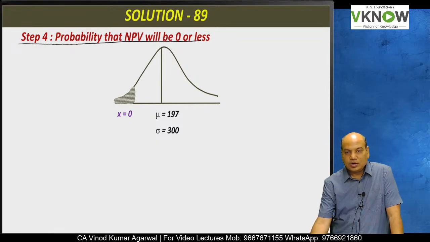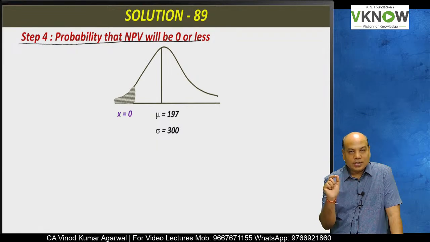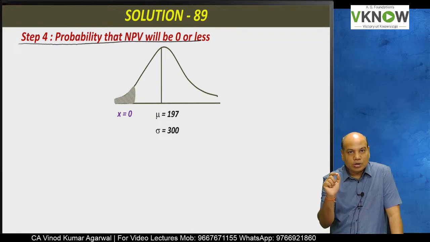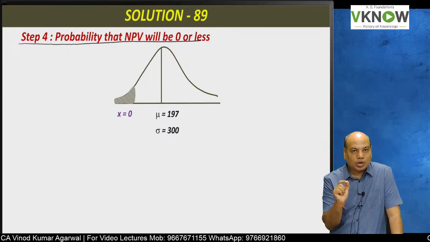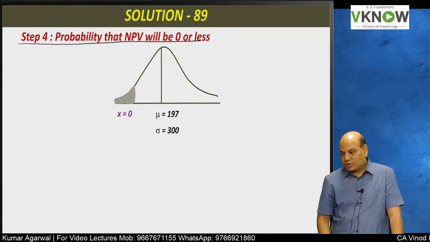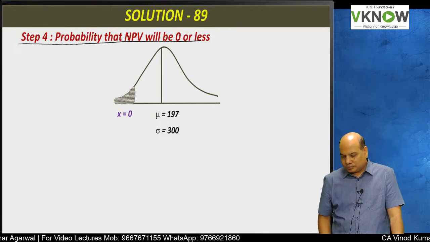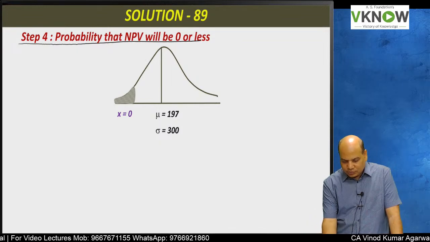The next question asks you to compute the probability that NPV will be 0 or less. For that I have to now apply the normal distribution table approach. Write down please, step number 4: probability that NPV will be 0 or less.